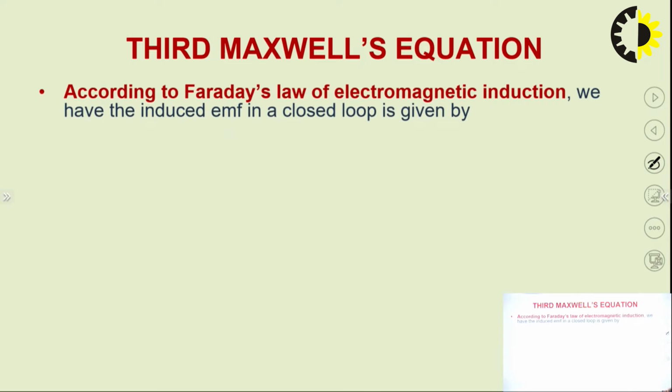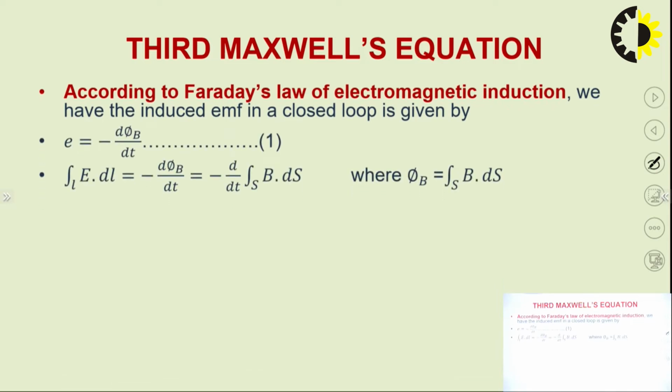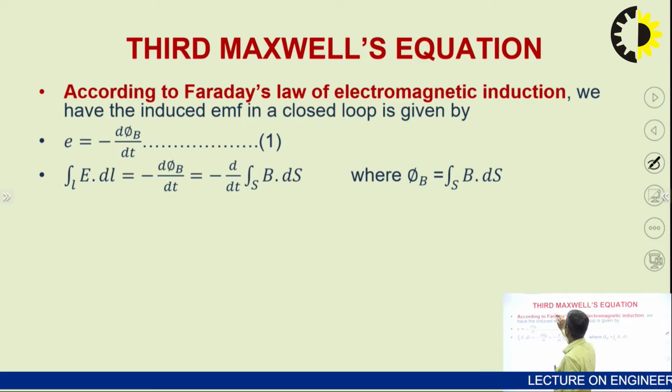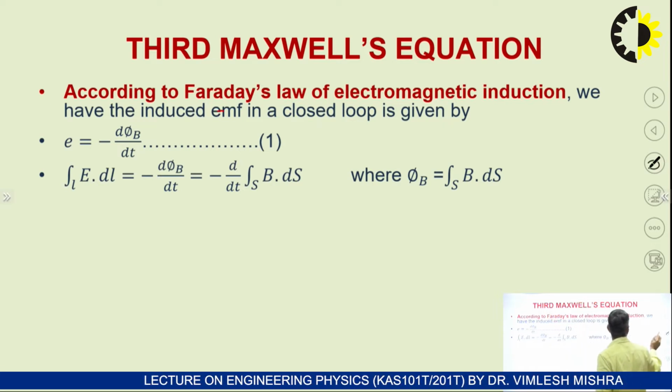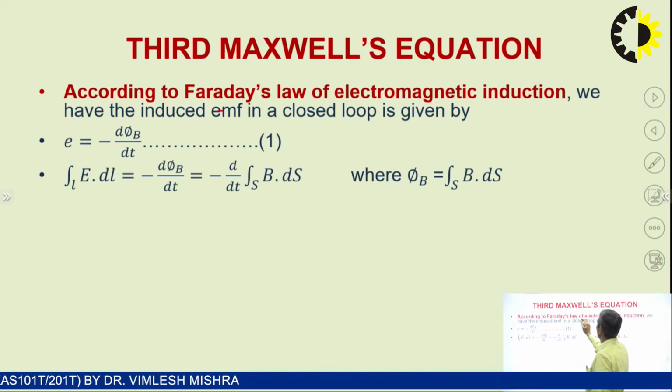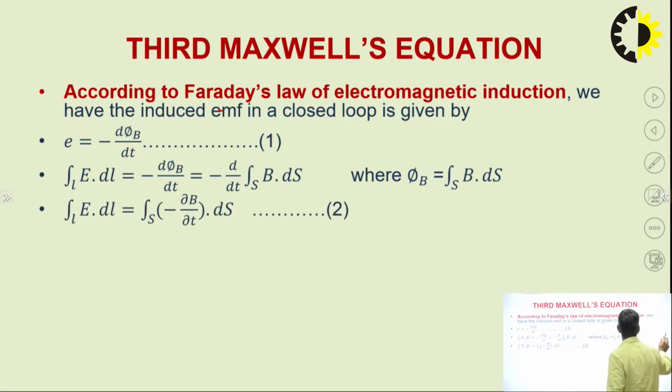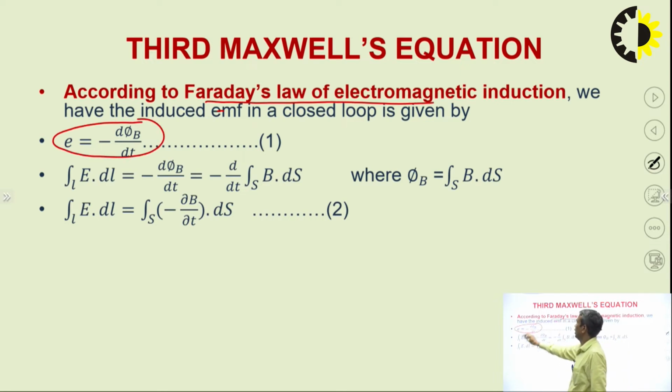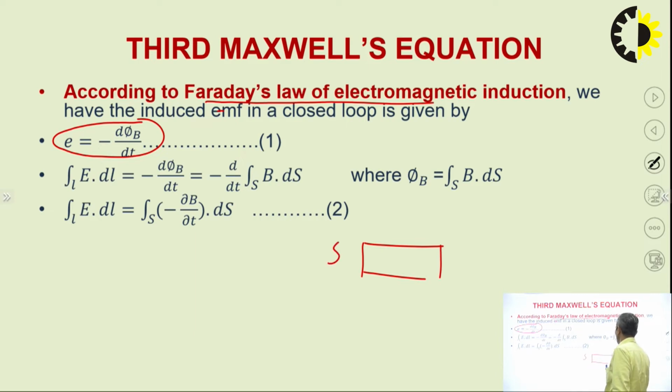The third Maxwell equation is based upon Faraday law of electromagnetic induction, which is nothing but the EMF induced in a closed loop. Suppose we have a magnet, so this is the south pole, this is the north pole, and fields come out from the north pole.